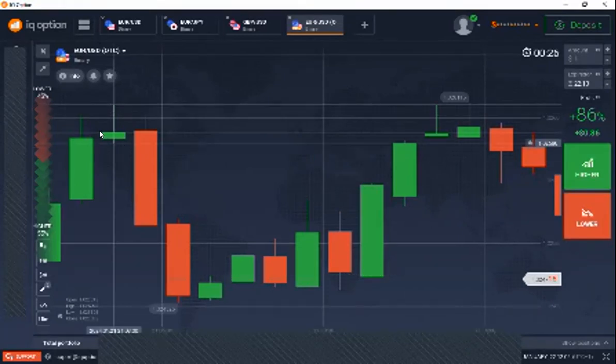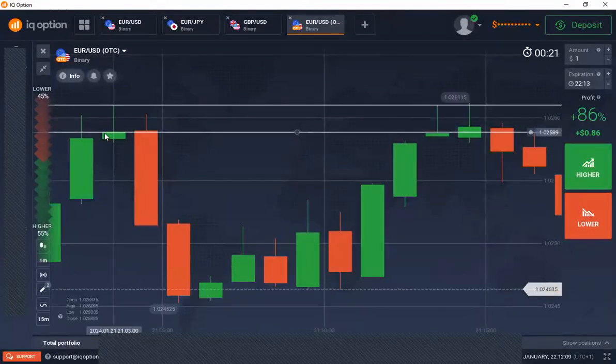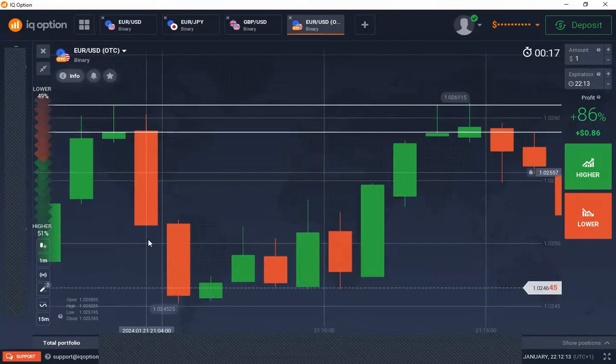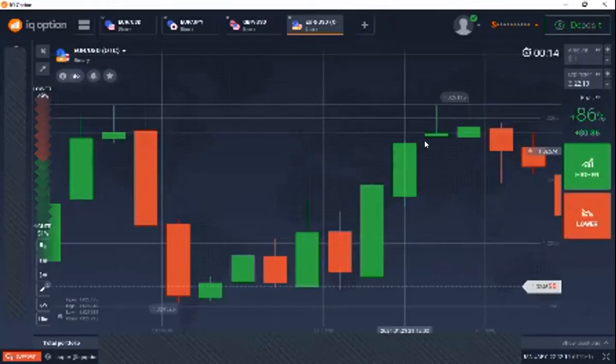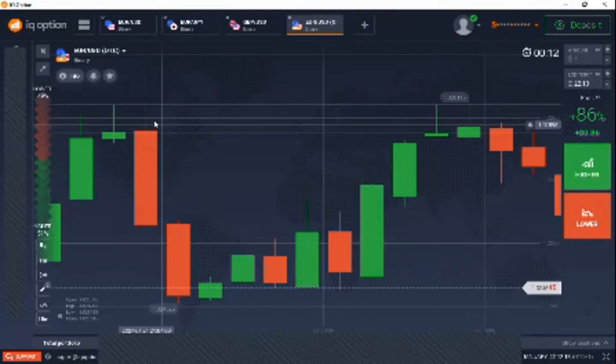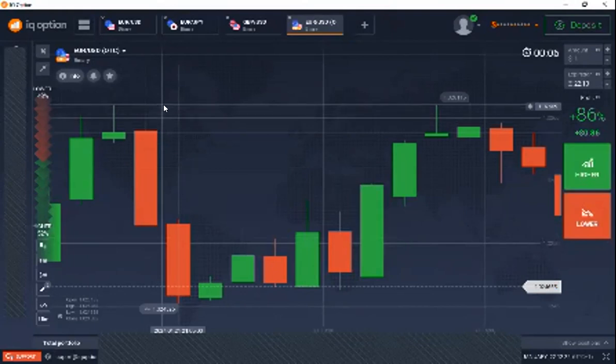Then I place the second line because this is where the buyers stop entering the market. After buyers stop entering the market, sellers enter on the next candle. So which means that I will be expecting the buyers to enter inside this zone, this resistance zone, before sellers enter.